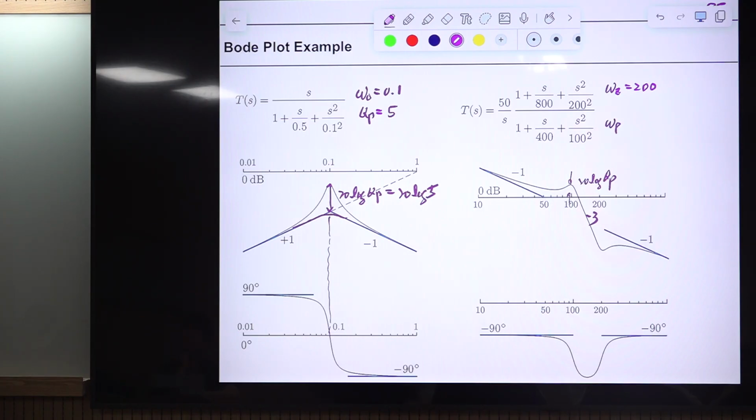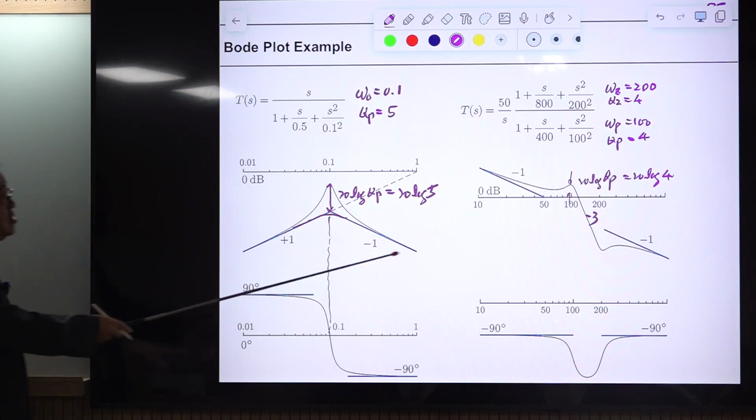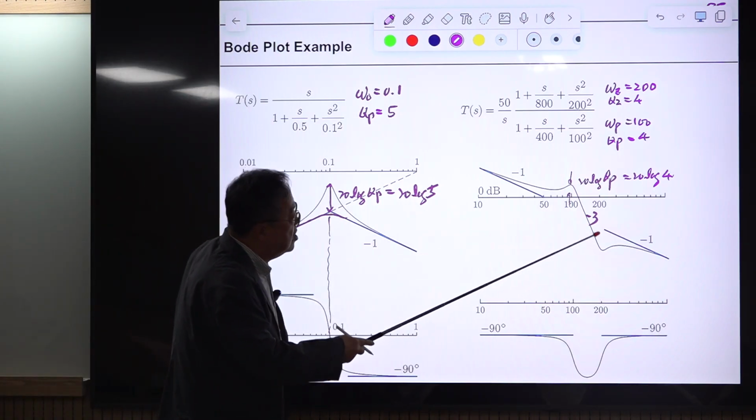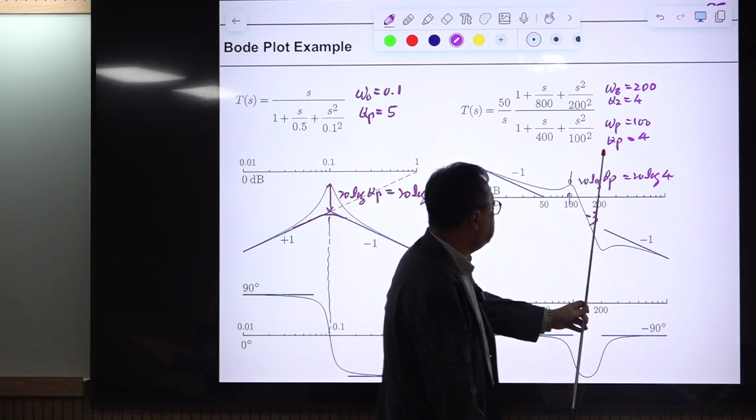Let me use this notation. This is 100 radian per sec, and QG is 4, and QP is also 4. So this is 20 log QP, which is 20 log 4. I don't know. Okay.